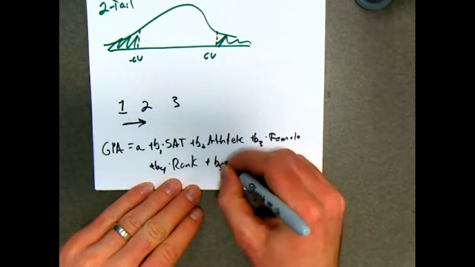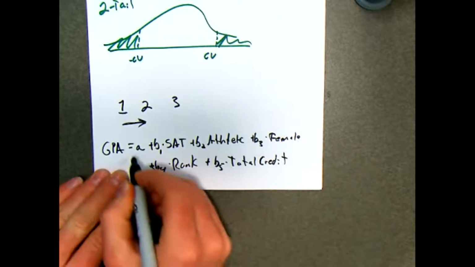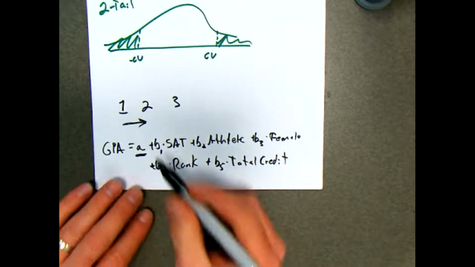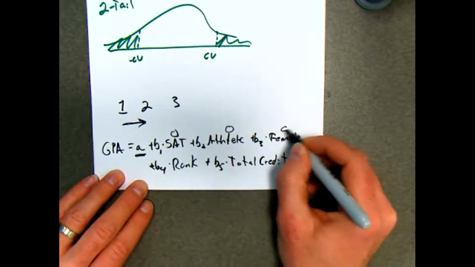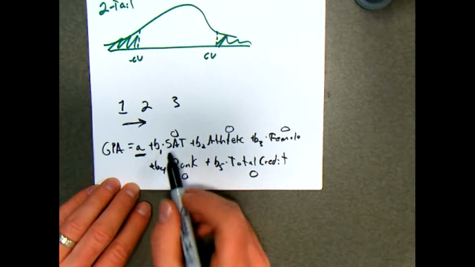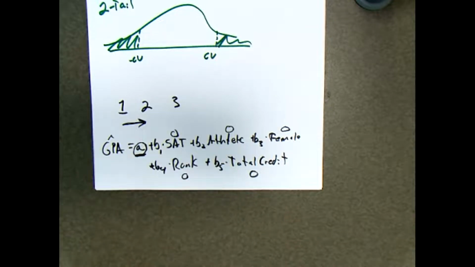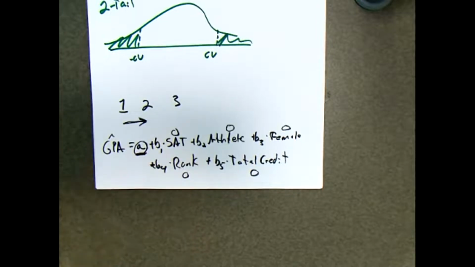So the way we interpret the intercept coefficient is if all these variables were equal to 0, well, anything multiplied by 0 is 0. The only thing left for our predicted GPA would be the intercept. So the way that we always interpret the intercept is if all the other X variables that we included were 0, the predicted value for Y, or the predicted value for GPA here, would be whatever that intercept coefficient is.